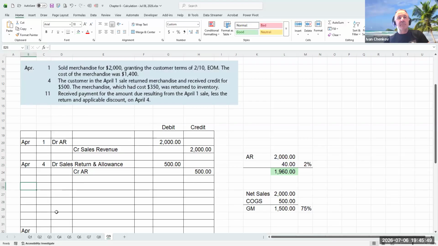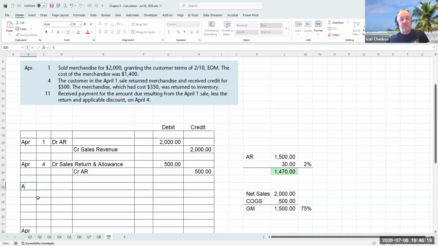Next, on April 11, we're going to receive the payment from the client. Now, how much does the client have to pay us? The same amount as originally, $2,000, minus the $500 that we gave him as a return allowance. So that will be 2,000 minus the return allowance, 1,500. So the cash that we're going to get is $1,470.